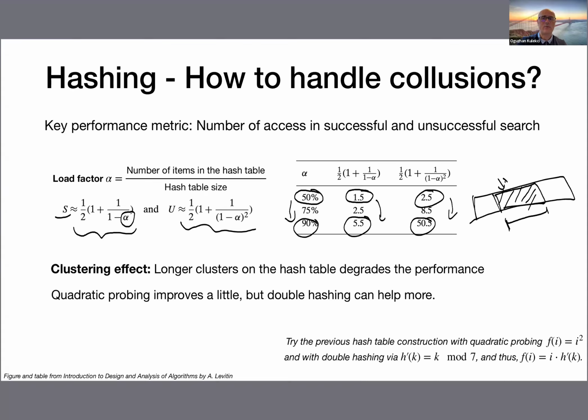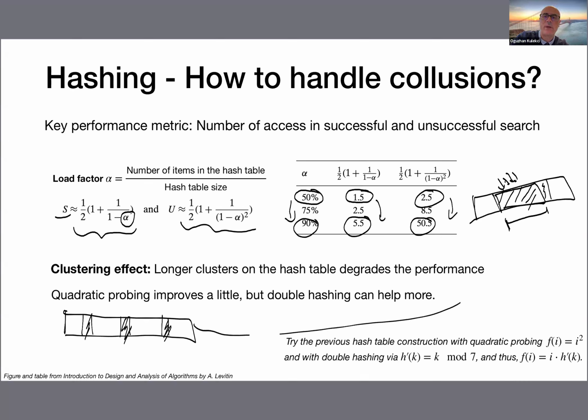You need to check the next position and then the next position and then the next position until you hit the empty position. That is why this is a better hash table when compared to this one, right? Because the lengths of the clusters are smaller, but here I have a huge cluster. So that is a bad hash table, and this is a good hash table.